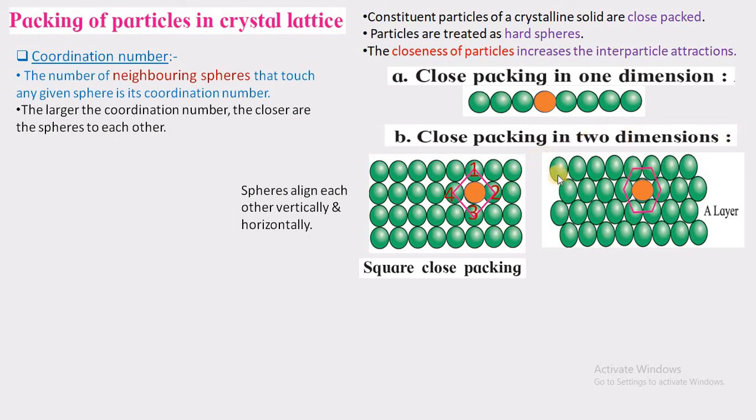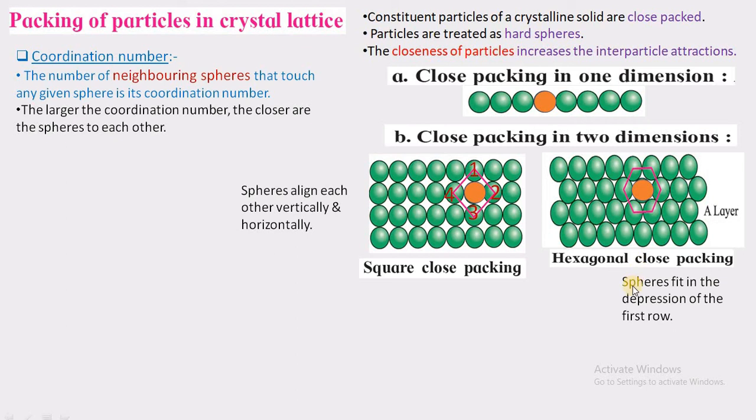But in this hexagonal close pack structure, the first layer is considered as A and the second layer is considered as B, because the spheres fit in the depressions of the first row. This is the depression of the first row, and the second row spheres fit in it. Hence this layer is considered as a B layer in the two-dimensional structure.